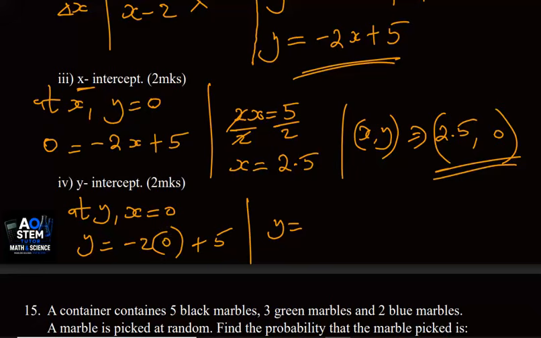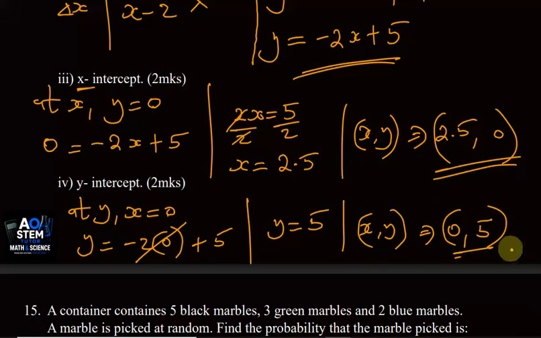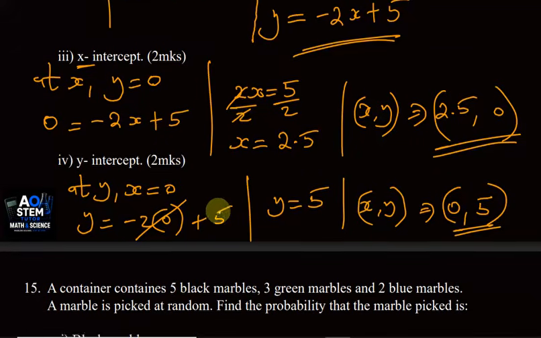Negative 2 times 0 is 0, so this will be eliminated, then plus 5. So 5 remains. The coordinates (x, y) will be x is 0, you can see 0 here, then y is 5. Those are the coordinates. I hope you have seen it.